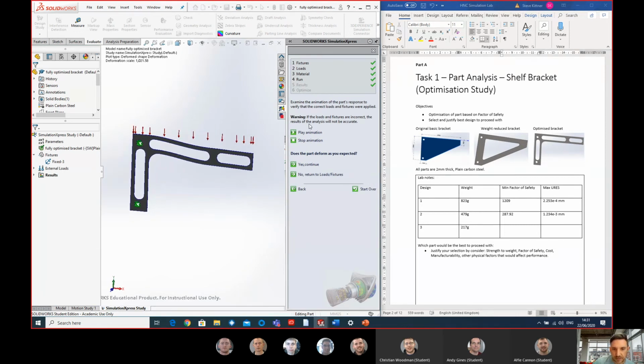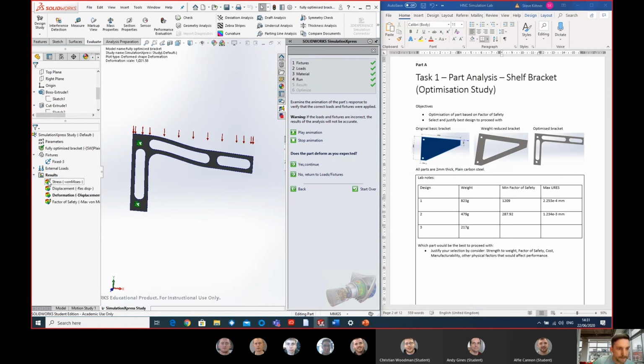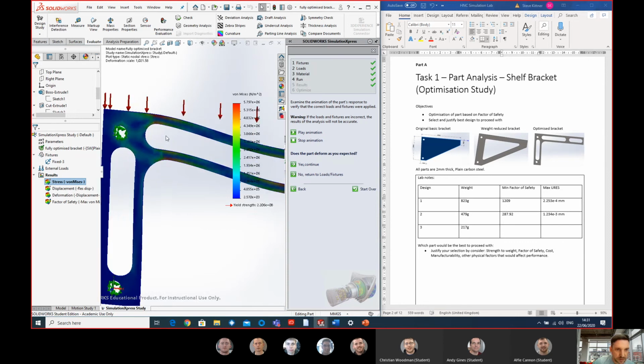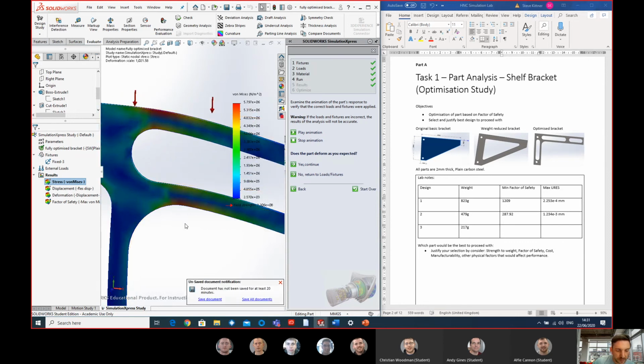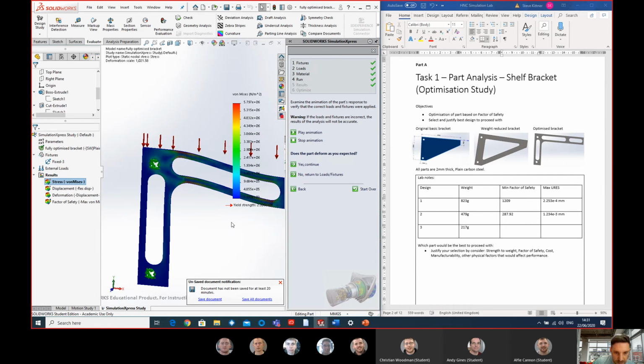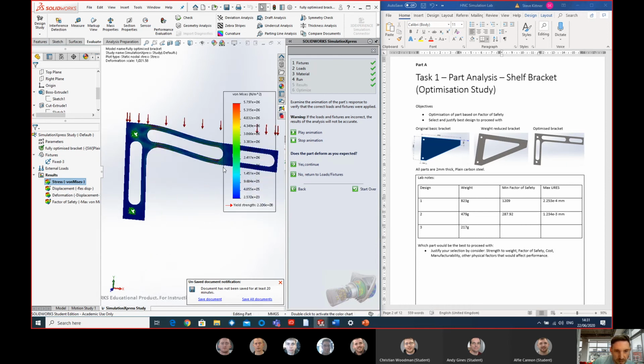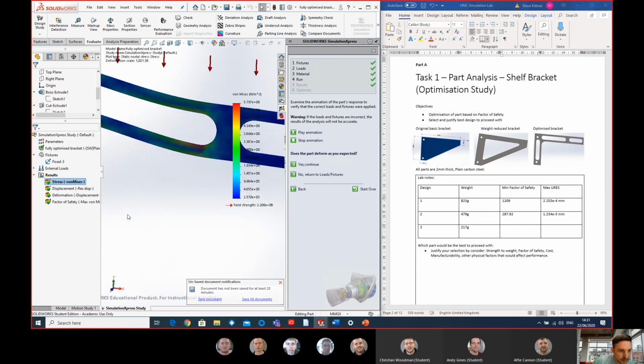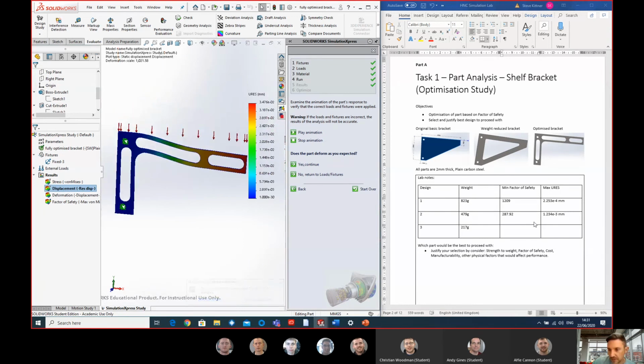Okay, you can still see the displacement. So the stress in the part. So a little bit more up here, a little weaker area, a little one down here. A little bit around here as well. Let's pick our maximum displacement up.